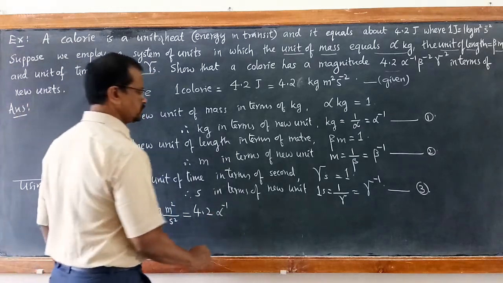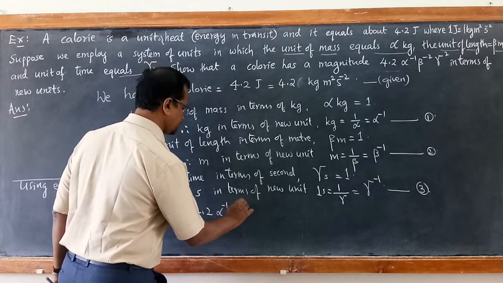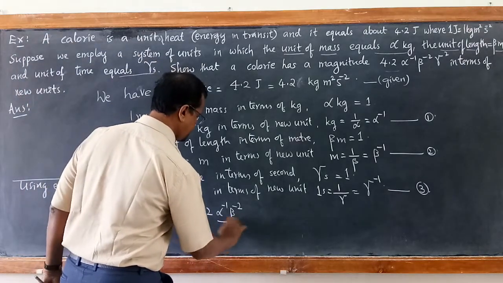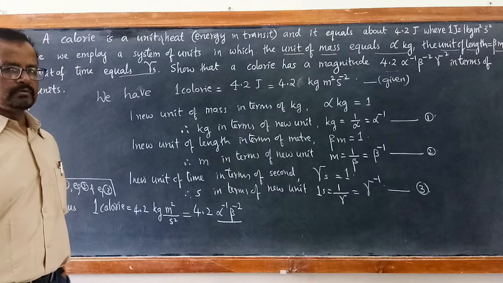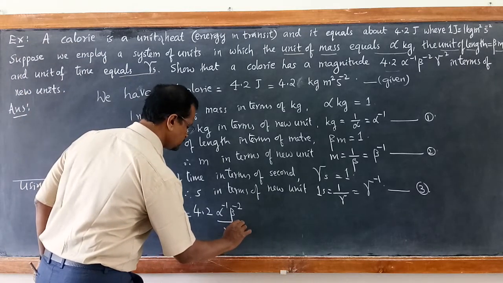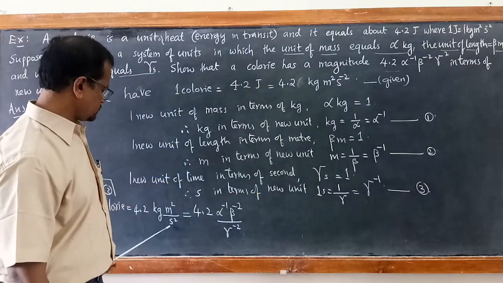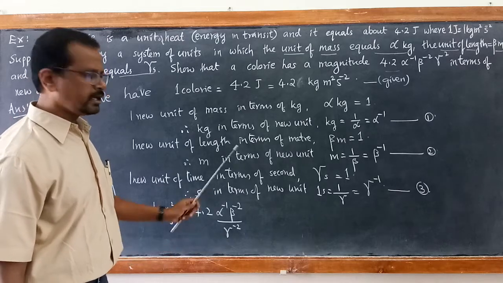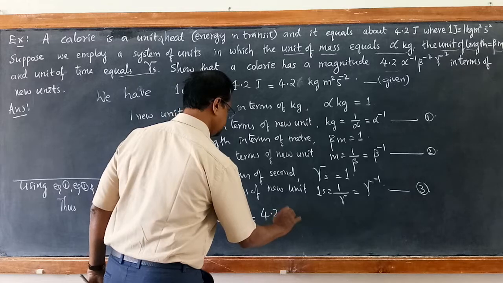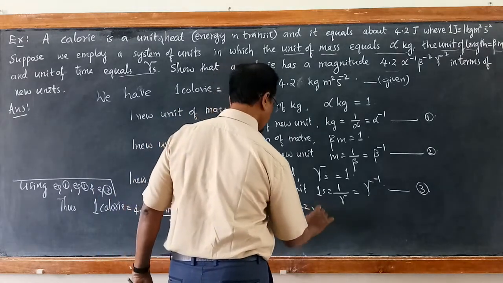Meter square: meter is raised to minus 1, so meter square becomes beta raised to minus 2, divided by second square. 1 second is equal to gamma raised to minus 1, so gamma raised to minus 1 to the power 2 becomes gamma raised to minus 2. That is the denominator. Take this also to the numerator. Thus it becomes 4.2 times alpha raised to minus 1, beta raised to minus 2, gamma raised to 2.